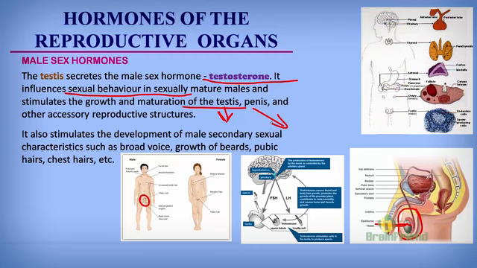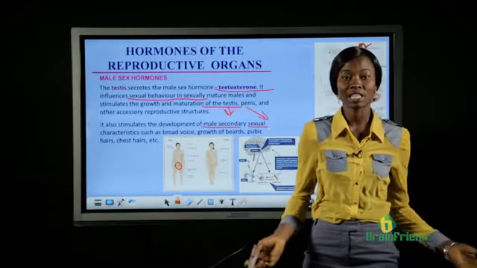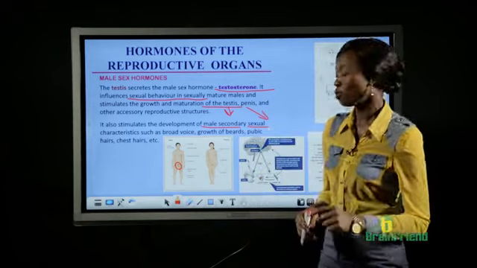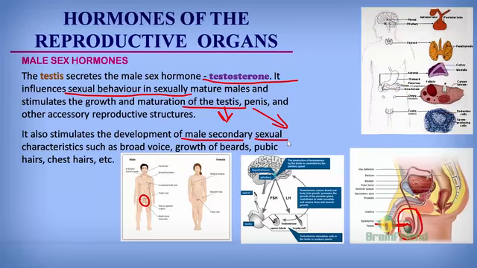It is also responsible for the development of male secondary sexual characteristics. Remember those characteristics that come up in the bodies of males after puberty? Sexual characteristics such as broad voice. The voice of male becomes very broad. That's as a result of the effect of testosterone.